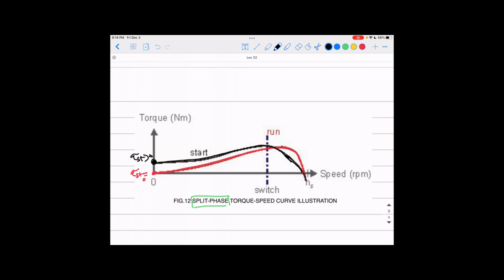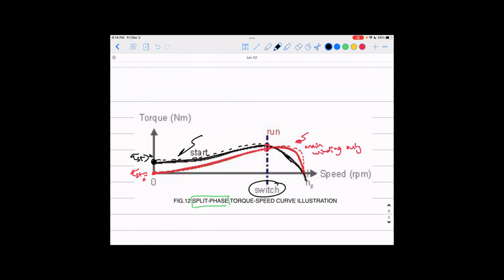So what will happen is your motor will be just following this torque speed characteristics here, the black one, until the switch opens. Once the switch opens here, you're now going to just jump to and keep working on the red one, which is just using the main winding. So the red one is using the main winding only.